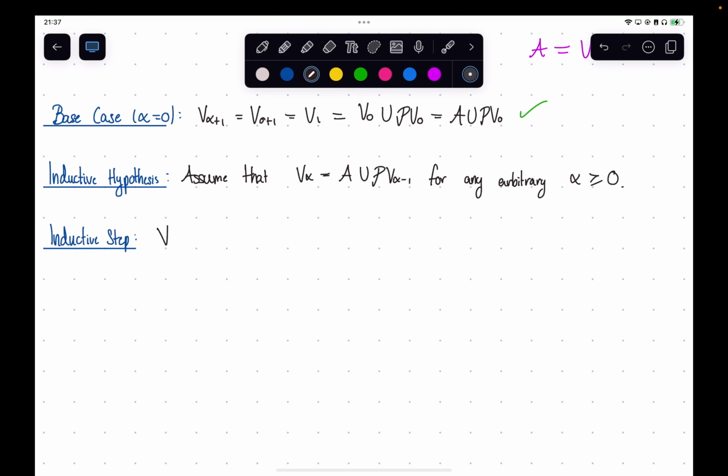It's a pretty straightforward induction proof. V sub alpha plus 1 is equal to V sub alpha union power set of V sub alpha, just by definition.